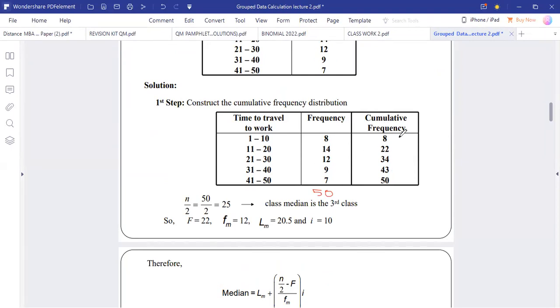Here it is 22. You identify 3 things. The number above this 22 is called your FC. The number next to this 22 is called your FM. The lower boundary here, L, is this. Instead of 11, it will be 10.5.